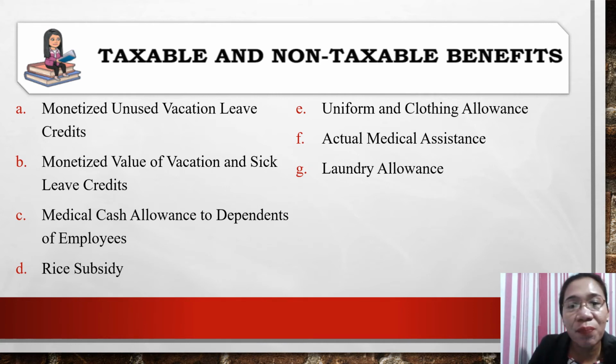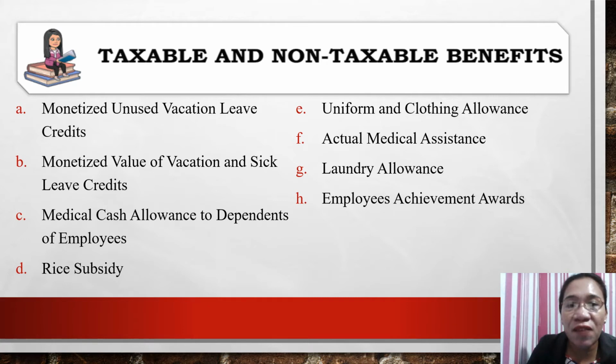Next is Employees Achievement Awards. So, para siyang loyalty, ganyan. For length of service or safety achievement. Parang loyalty benefit mo bilang empleyado ng isang gobyerno o kaya empleyado ng isang kumpanya, which must be in the form of tangible personal property other than cash or gift.